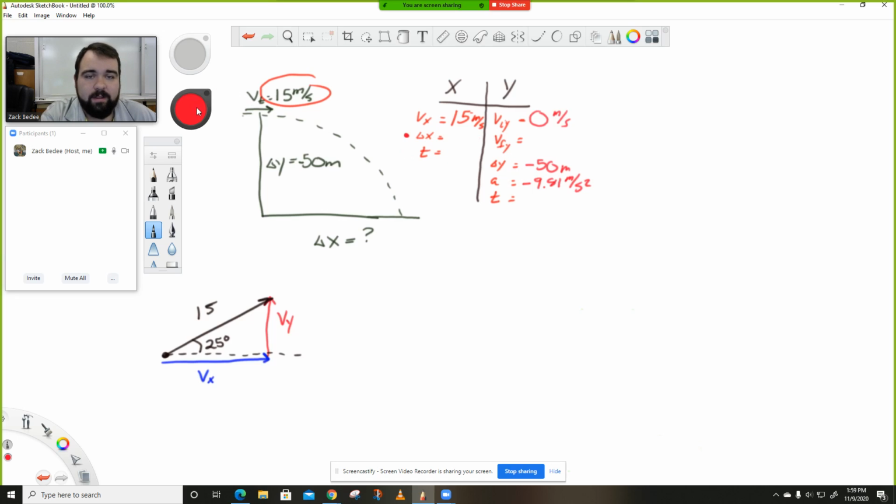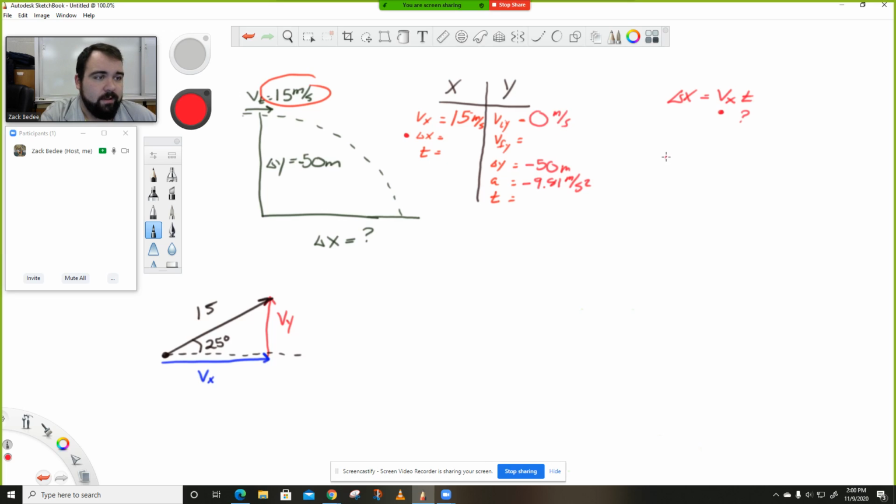If we look at our equations, delta x has one equation to solve for. Delta x equals Vx t. We have Vx. We don't have time. So we've got to figure out time first. And the only way we can figure out time is to go to your y values, your y direction.